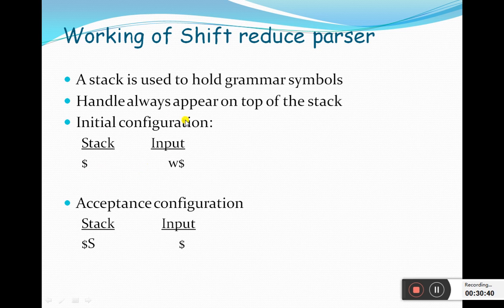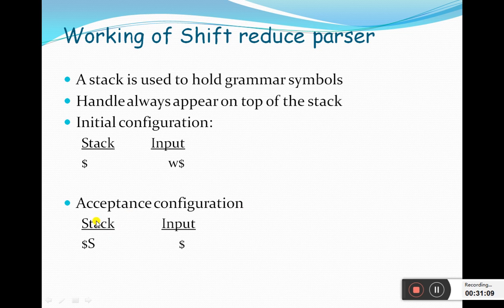After consuming all the symbols in the input string, the parser may enter the final configuration, also called the acceptance configuration. We will come across the final configuration if and only if the string is a valid string. If the parser accepts a string, then it enters the acceptance configuration.